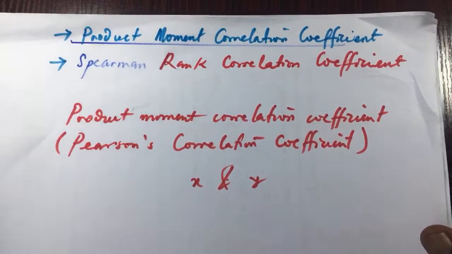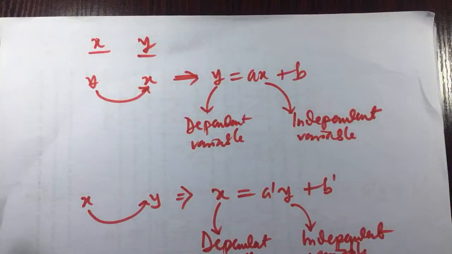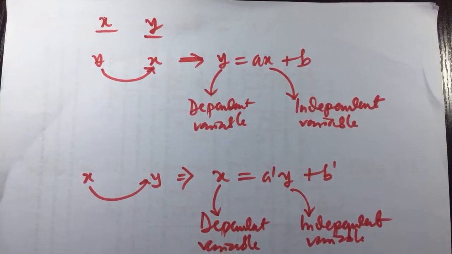Next, I took us to what we had done previously. Where did we stop in our last class? In our last class, our focus was on showing that for bivariate data involving 2 variables, say x and y, it is possible to regress x on y, and it is also possible to regress y on x. Now, what were the implications?